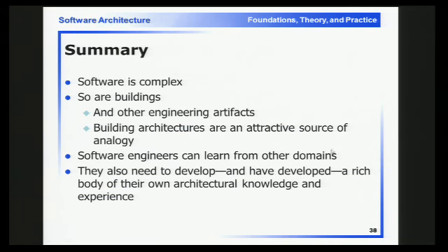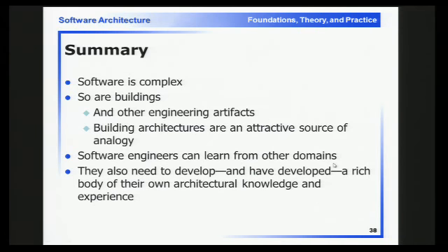Software architecture can have a good analogy with building architecture. However, we also identified some differences between those two disciplines. But it's also good practice, when we talk about software architecture, to borrow ideas from other disciplines, from civil engineering, from biology, from other kinds of domains.